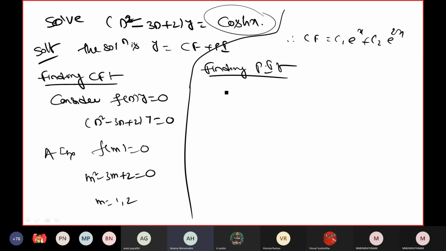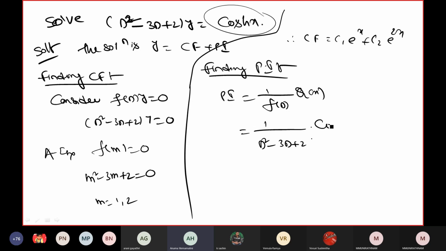Now coming to finding PI. PI is what? 1 by D square minus 3D plus 2 into cos hx. ఎలా చేయాలమ్మా anyone? x1 e power x plus e power minus x by 2 చేసుకొని చేయాలి సార్. Very good.